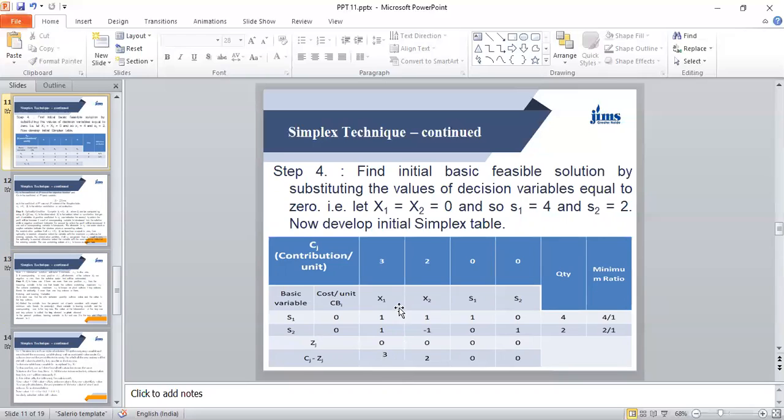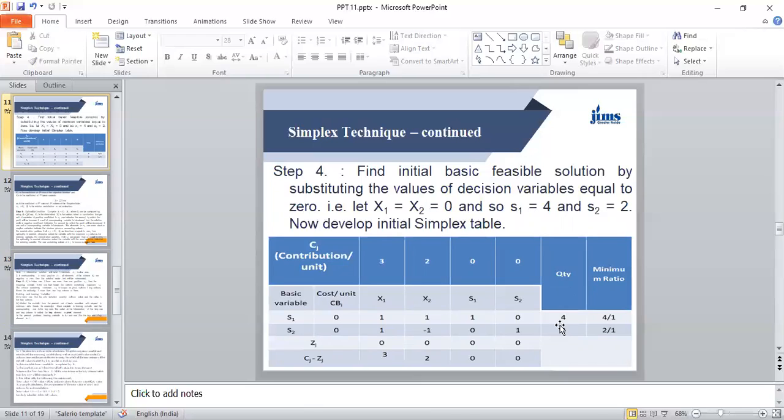Then, if this is the key column, we divide the quantity column by each positive element, not negative element, of the key column.